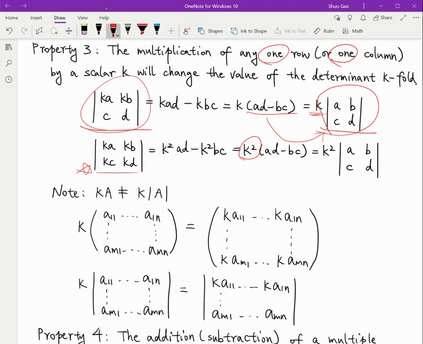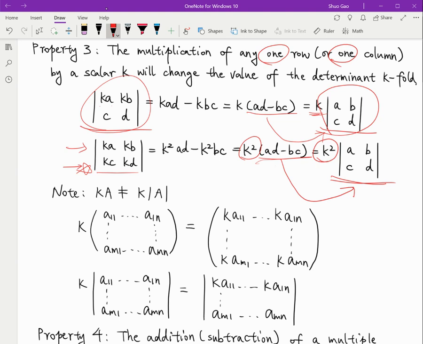So the determinant should be K squared times AD minus BC, and AD minus BC is the determinant of this little matrix. So we can see that it's not K times anymore, it's K squared times the original determinant, because you have two rows here.